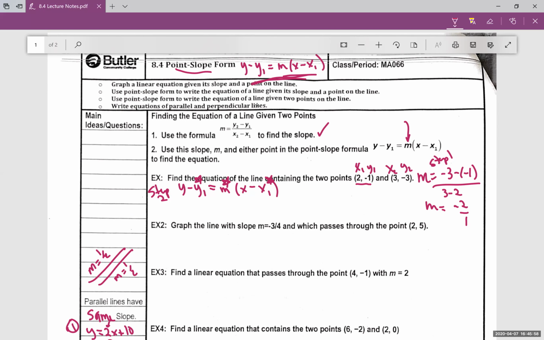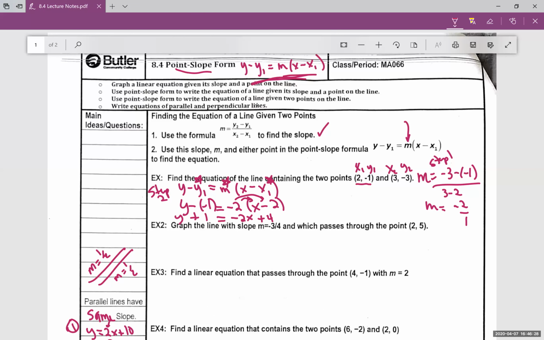So this is what it looks like. Y minus, and instead of y1, I'm going to say negative 1, is equal to m, which is negative 2, times x minus 2. Next step, I'm going to distribute this 2. So y minus a negative is the same as y plus 1, then I have minus 2x plus 4.